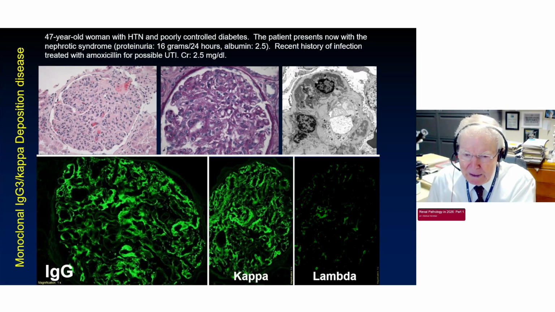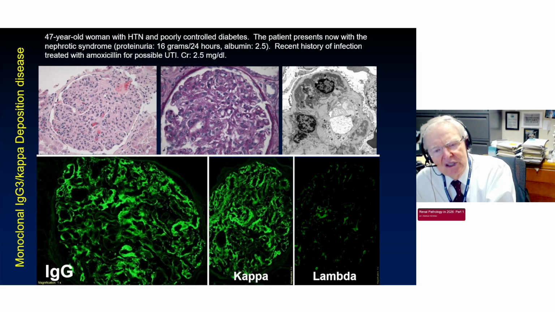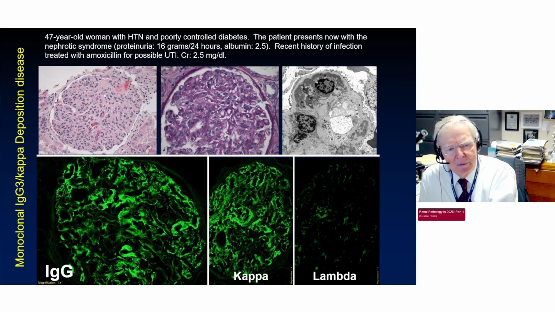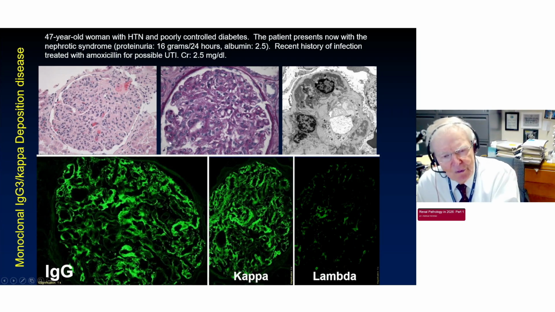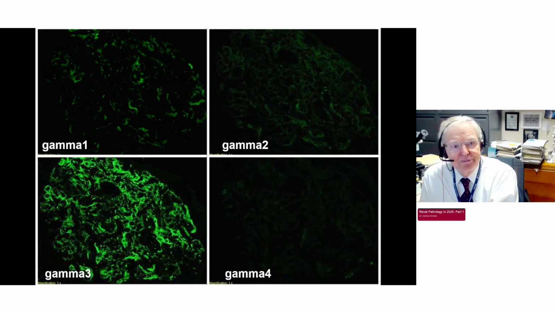Not infrequently, one cannot detect the circulating paraprotein, and not even can you detect a clone of B cells or plasma cells in these patients, and therefore very often the kidney disease antedates the malignant lymphoproliferative disorder, sometimes by months and sometimes even by years.